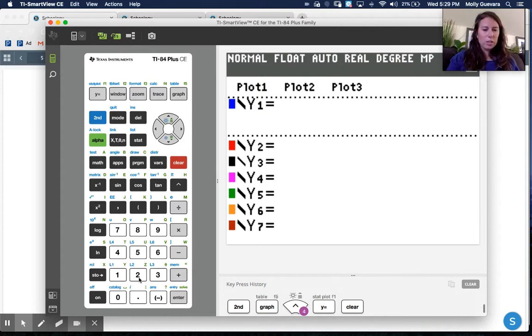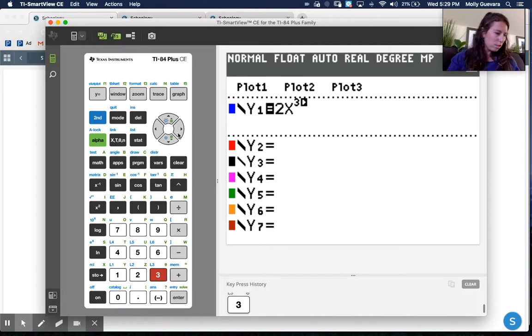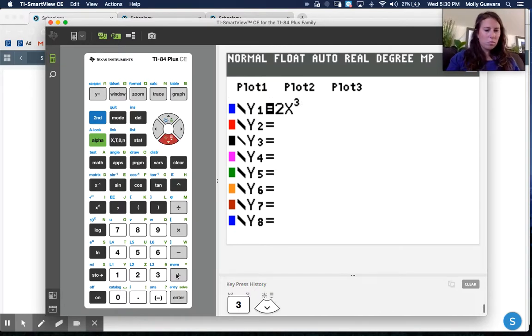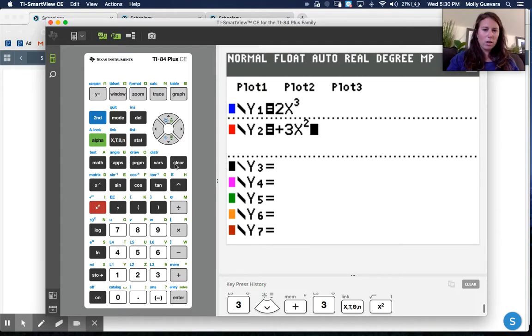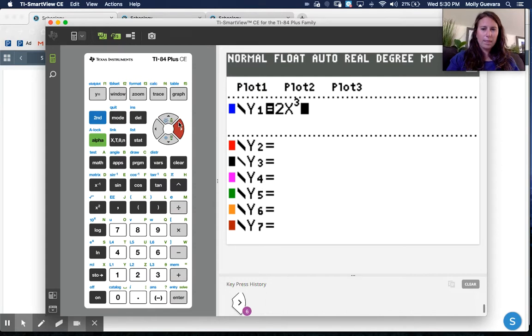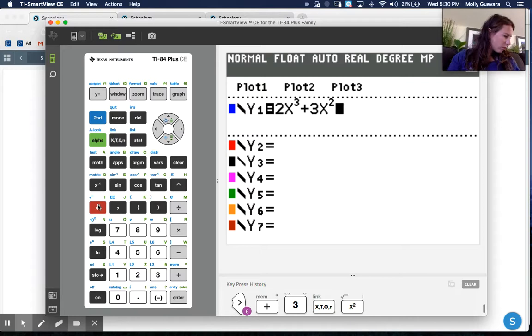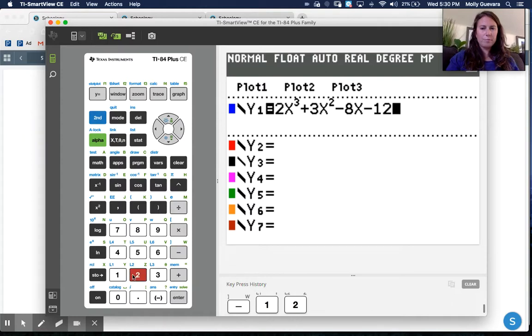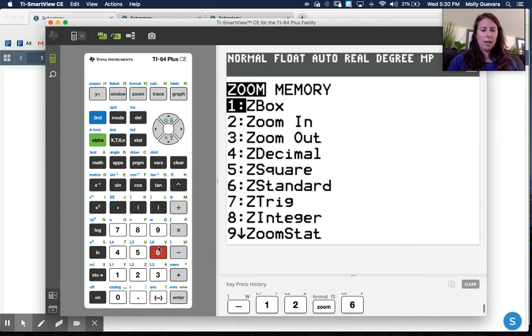So 2x cubed plus 3x squared minus 8x minus 12. Now I'm going to graph it.